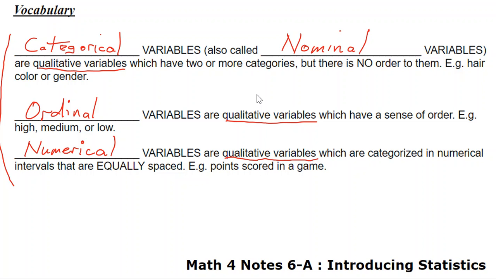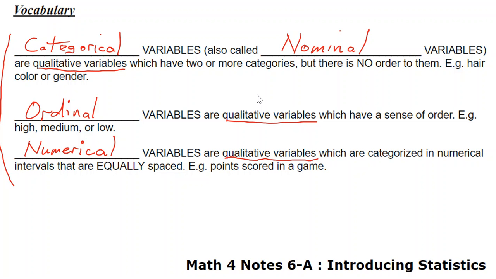You can't score 2.5 points in a game. You either have 2 points or 3 points, but you can't score 2.5. And so we're talking about numerical intervals that are equally spaced. In the case of scoring points in a game, it's usually one apart. 1 point, 2 points, 3 points.